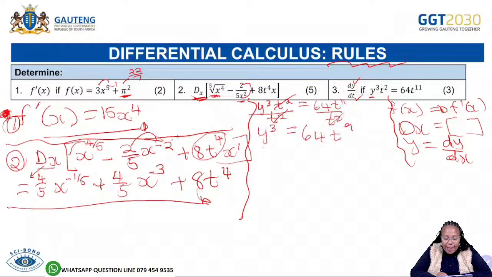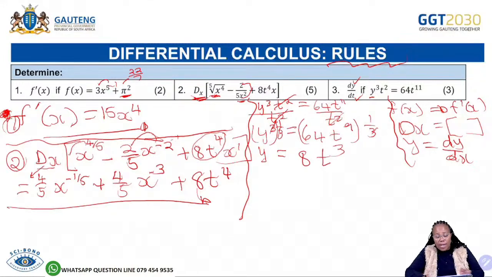So now this side loses an exponent 3. This will gain a cube root or an exponent 1/3, or we can say we raise both to 1/3. Then this will be y, and this side is the cube root of 64, which is 8, and then t to the power 9, the cube root takes out 3 times.